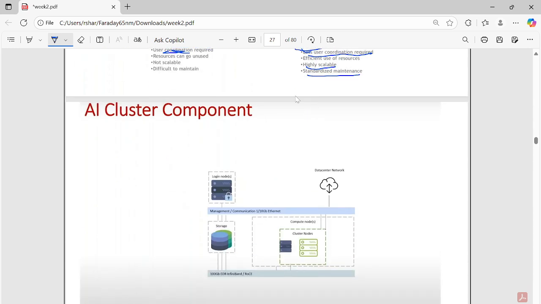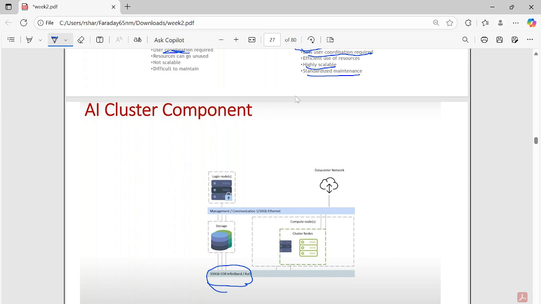Next, AI cluster components. We have InfiniBand, so the networks are not the traditional 10 gigabit networks, but InfiniBand networks which give up to 100 Gbps or 200 Gbps.